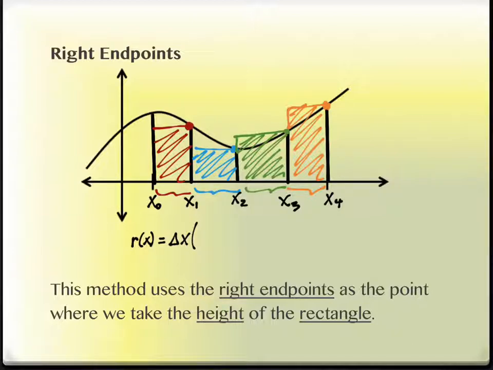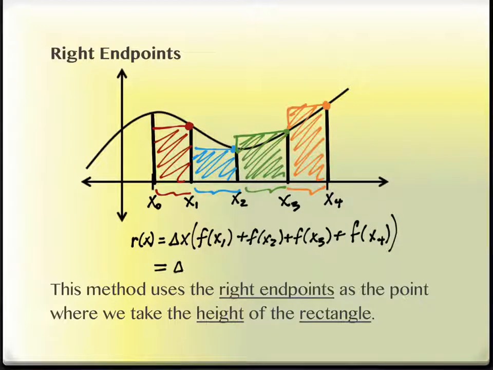It's at x1, right? That's where that red dot is showing up. So it's actually f of x1 plus f of x2 plus f of x3, and I include this time f of x4 because it is being used. And again, if you wanted to see that in summation notation, the only thing that changes this time is i equals 1 to 4 of f of xi. That's what's going on.